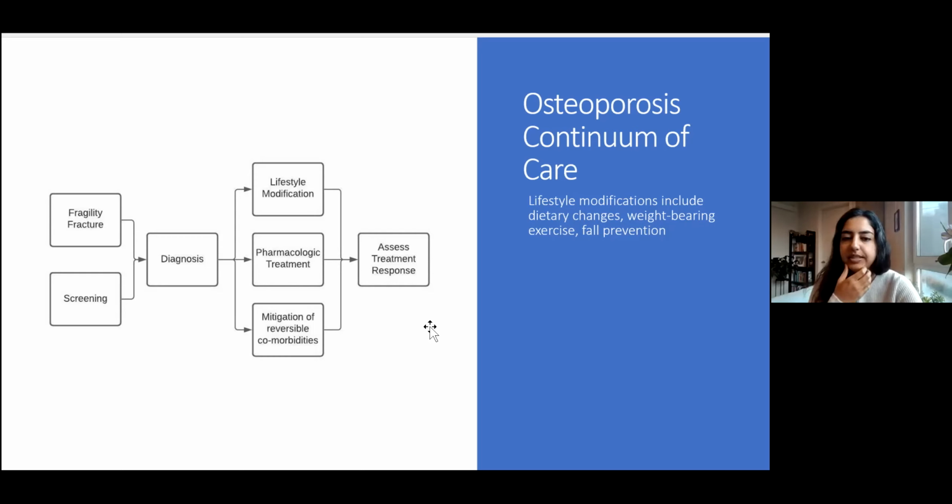And then after you arrive at that diagnosis, there are three things that often happen together. You'll discuss lifestyle modification, you'll discuss medications, you'll discuss any reversible comorbidities that are contributing to osteoporosis, and work on those things in tandem. And then we'll think about reassessing treatment response, and circling back for any additional modification.